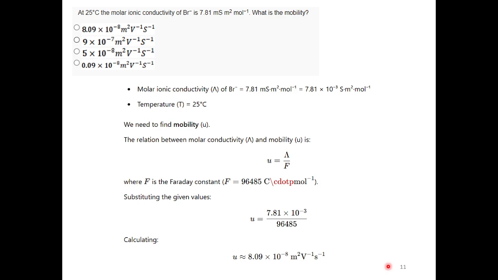Now in most of the study we have seen that in electrochemistry, the cell where you perform the experiment is called the conductance cell, and in the conductance cell you can measure the mobility or ionic mobility of this solution, which is called millisiemens per meter square per mole.